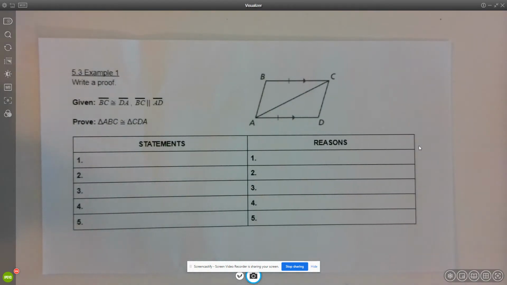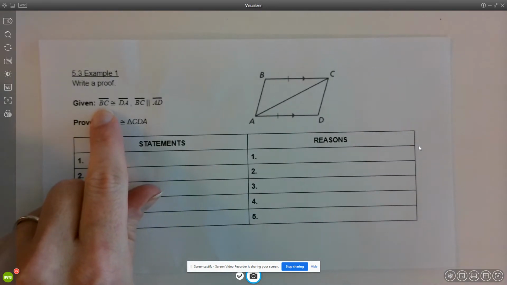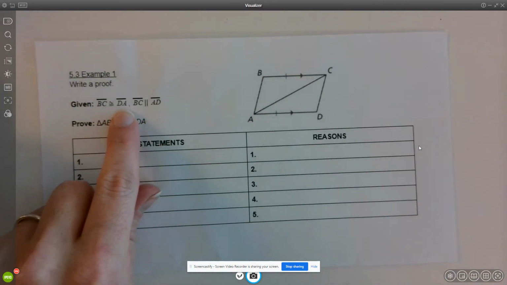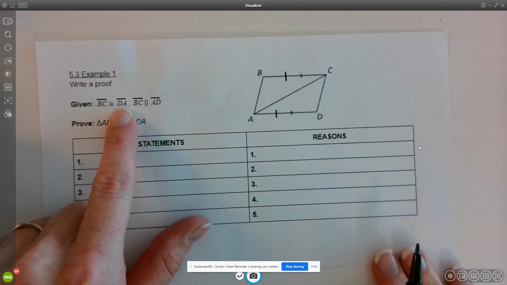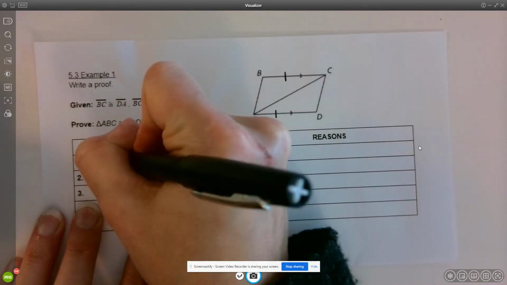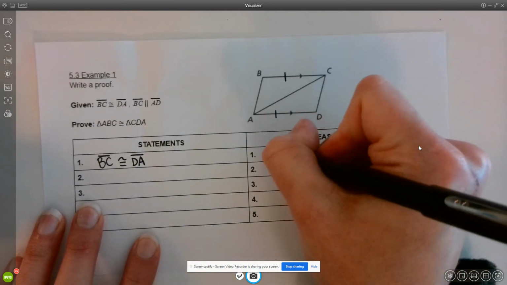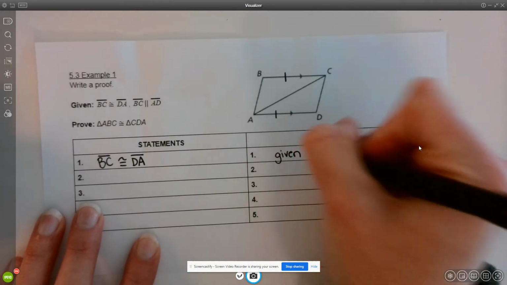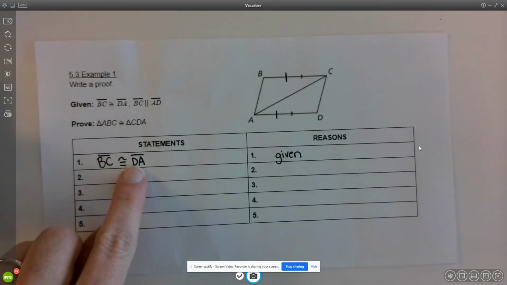So let's go ahead and fill in some of the givens. One thing we are given is that line segment BC is congruent to line segment DA. So I'm going to go ahead and put that in my proof. Notice how B came first and D came first.